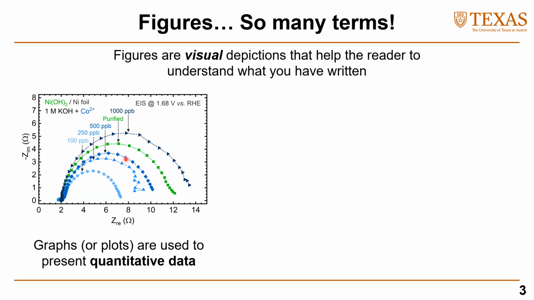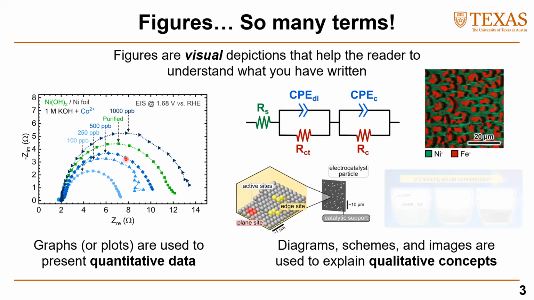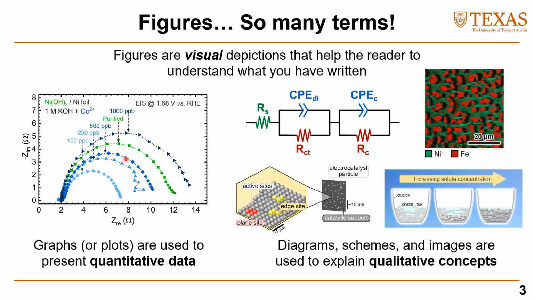Now, the other type of figures are called diagrams, schemes, or just images. And these, on the other side, explain qualitative concepts, right? Here, of course, we may see numbers, but we are not plotting any relationship, right? We're just showing ideas, schemes that are depicting a general concept, or we're trying to explain some steps.